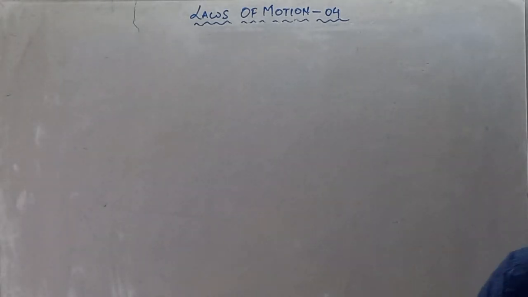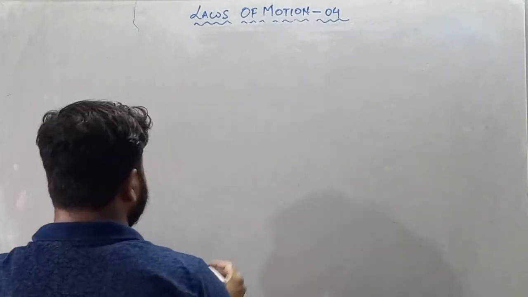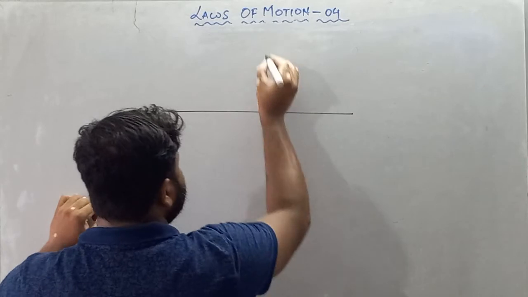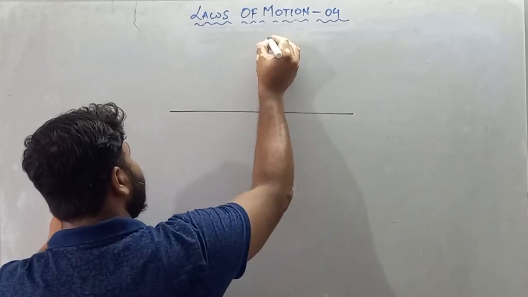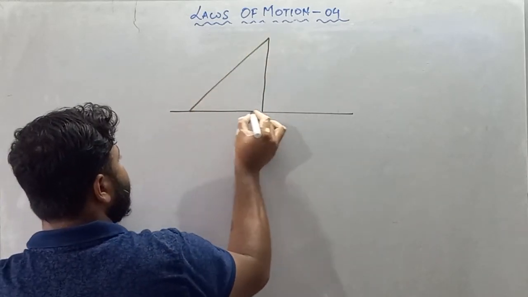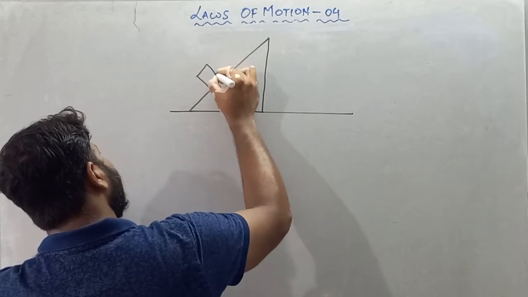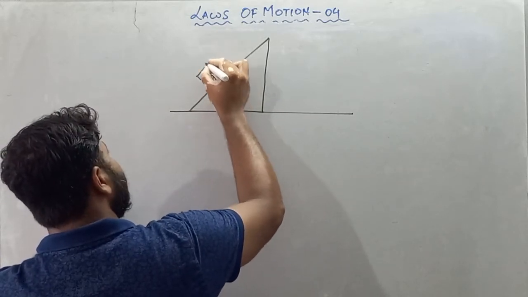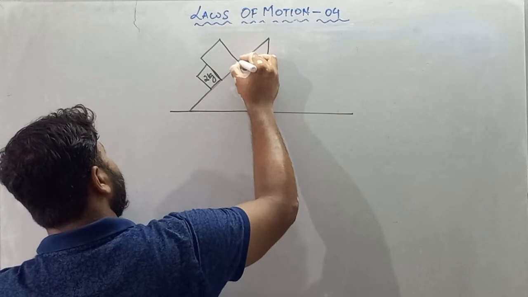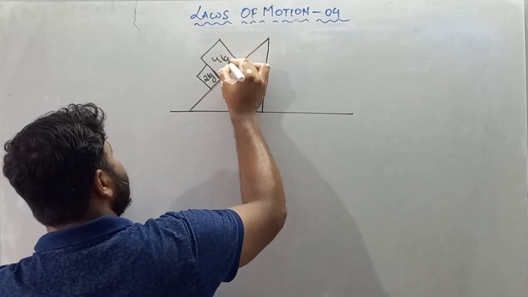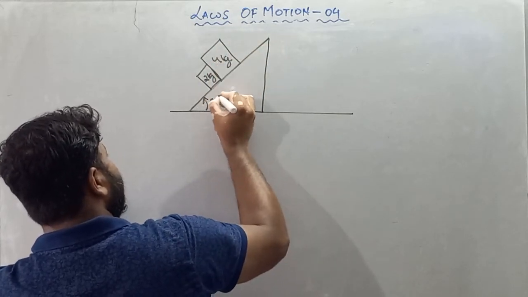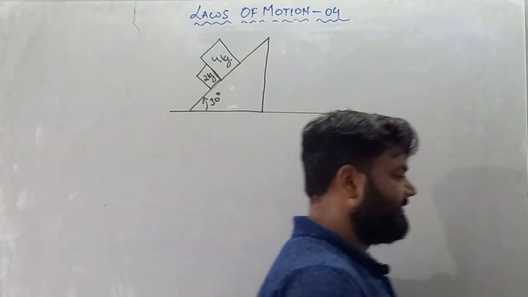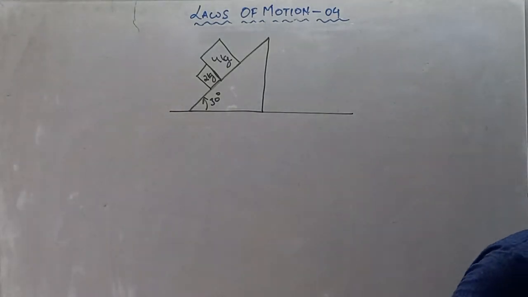One block is of mass 2 kg and another block is of mass 4 kg. First is of 2 kg mass and second block is of 4 kg mass, and the angle of inclination is 30 degree.